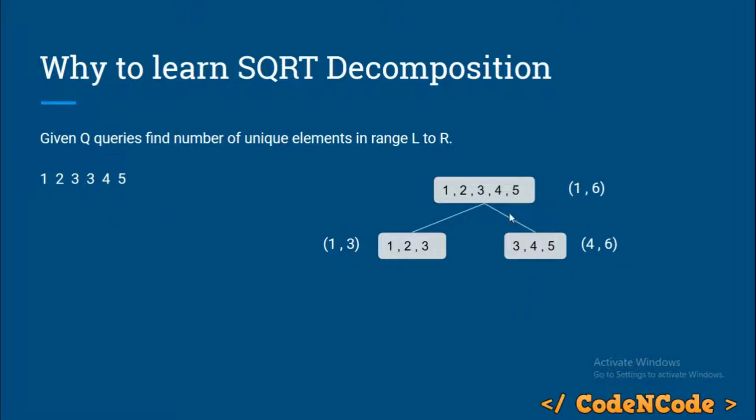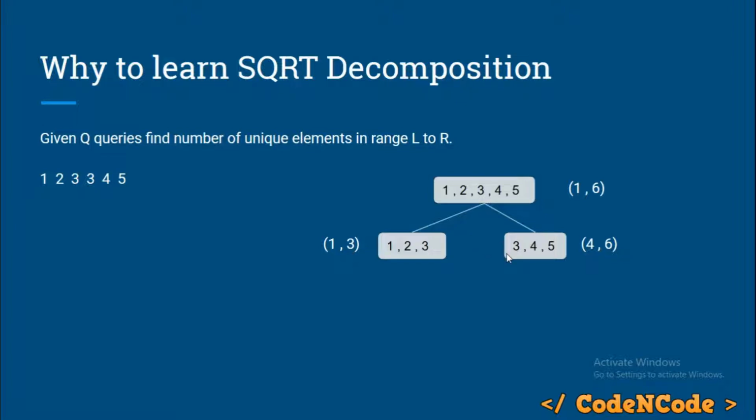Now for 1 to 6, it would take the integers from these ranges and merge them, and now the set contains only 5 elements, which is true. From 1 to 6 there are only 5 unique elements. So this way you can have a set at each node of the segment tree.